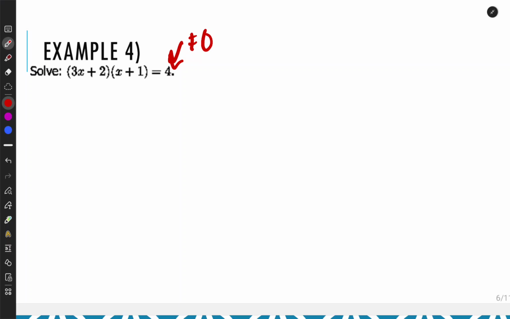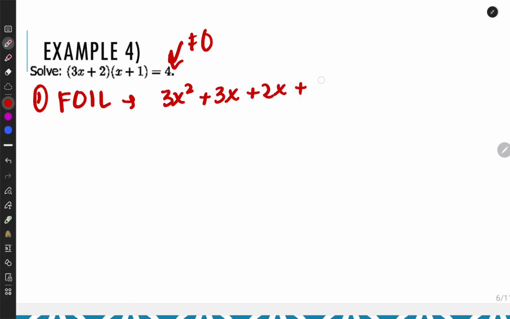So we're going to actually redo this. We're going to distribute. So first, we're going to distribute, aka we're going to use FOIL. So using FOIL, we get 3x squared plus 3x plus 2x plus 2 equals 4. Okay, so after that, now I can subtract 4.